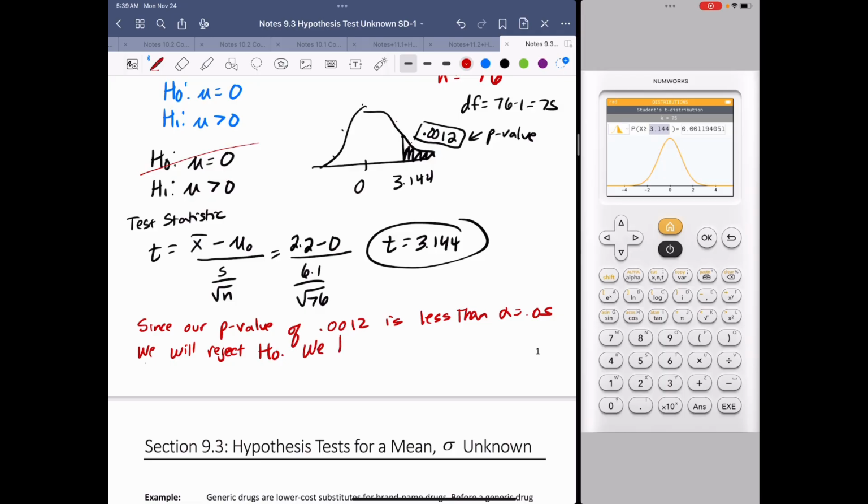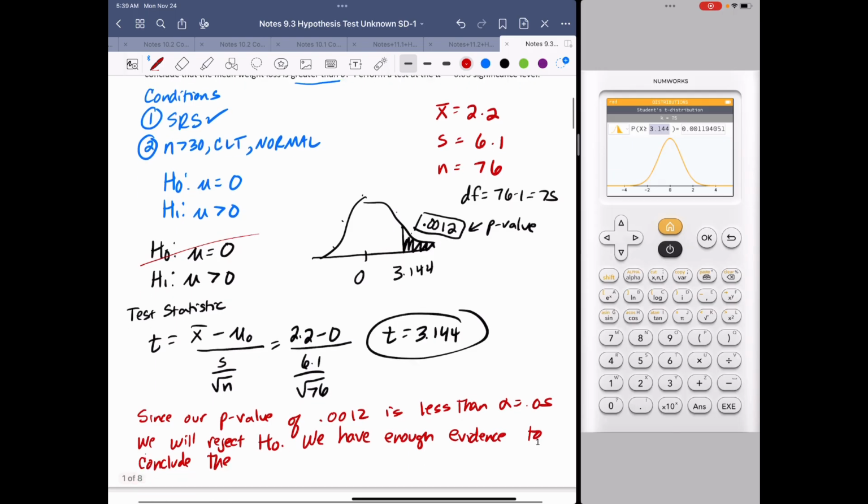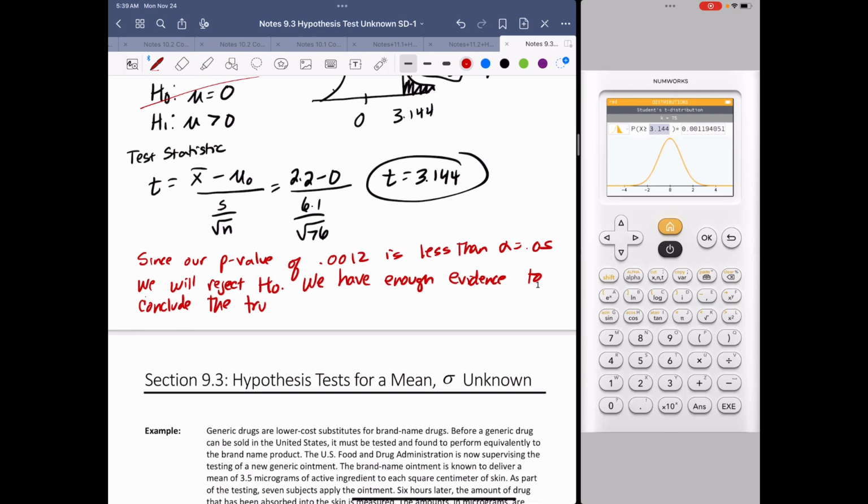We have enough evidence to conclude the true mean weight loss, you want to say true, is greater than 0 kilograms. In other words, this diet worked.